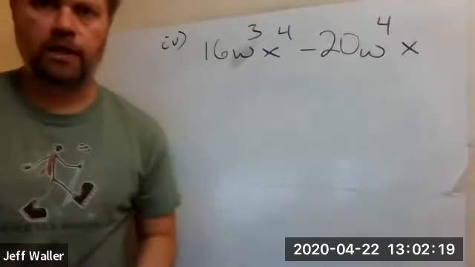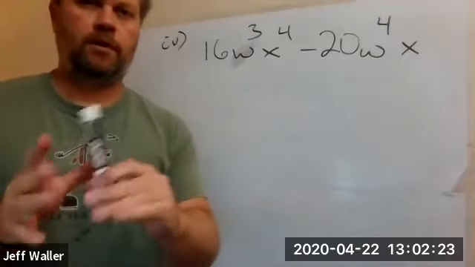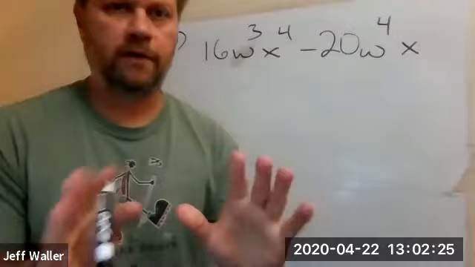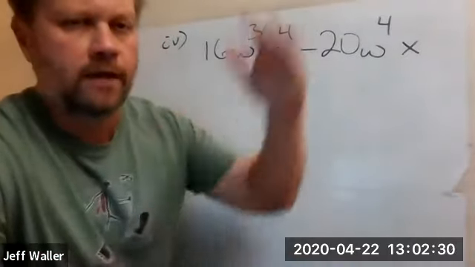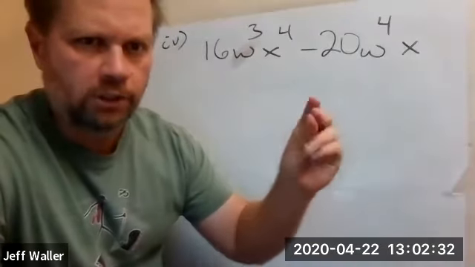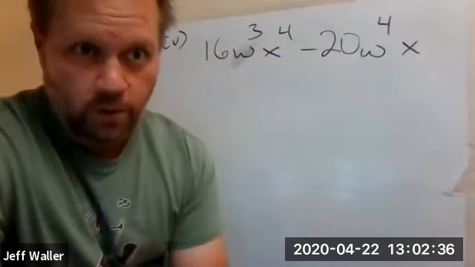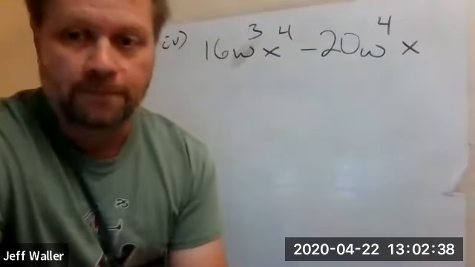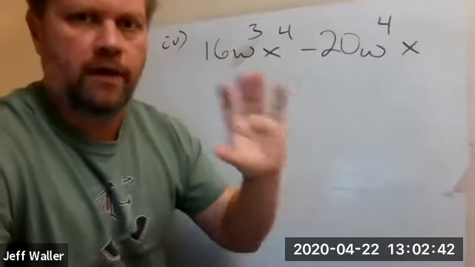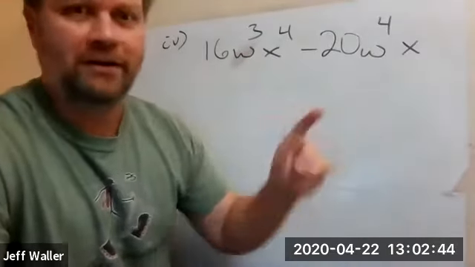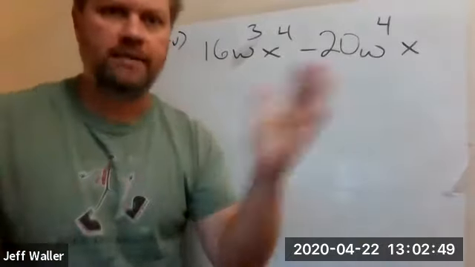So what you do when you have a problem like this, and it says factor, right? We're going to learn many different kinds of factoring. I've got a handout that I'll put up later. It's got all the forms of factoring and the shortcut way to tell when to do what. When you have a problem that's GCF, greatest common factor, you go numbers and then you go letters as they come.